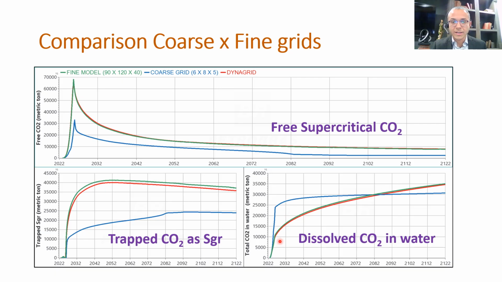The solubility in the coarse grid is higher than in the other grids, smoothing the CO2 plume, as we saw before. It occurs due to the larger available water volume per grid block, reducing its occurrence in free and trapped form. So these results show how important it is to work with a fine or a dynamic grid to capture the amounts of CO2 in different forms.